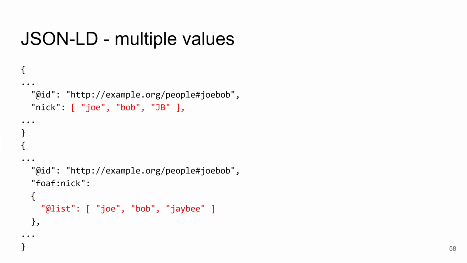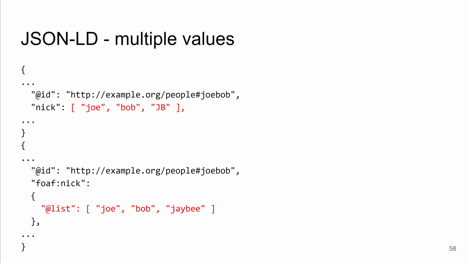We have seen JSON arrays quite a bit here, and let me talk for a while about what this means for RDF. In JSON, when we have a JSON array, the items in that array are ordered. When we have RDF, the statements are not ordered because RDF is a set of statements. So here we have a little bit of an inconsistency, because in the first example we have someone with an ID Joe Bob, and they have three nicknames, Joe, Bob and JB.